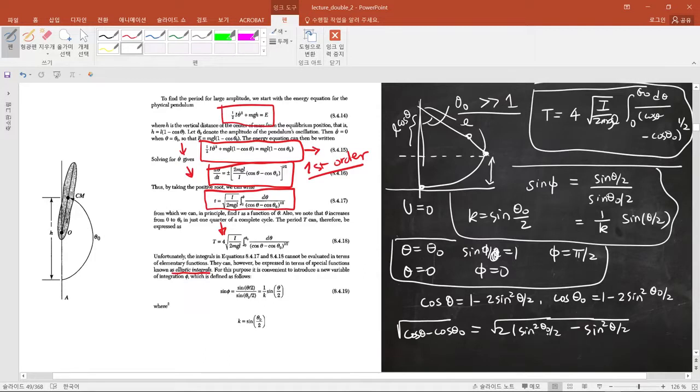Okay, and that can be written as square root 2. If I just factor out sine theta over 2, then you have 1 minus what? Sine square theta over 2 over sine square theta over 2. So it should be sine square phi. So the factor here is 2 sine square theta over 2, times 1 minus sine square phi.